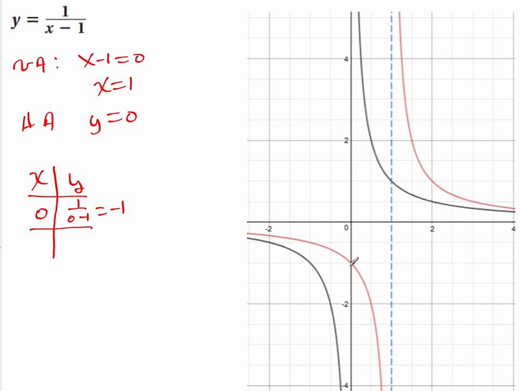So I can graph 0, negative 1. And it's going to approach my asymptote vertically and horizontally. You can pick any point you want. Let me pick x equal to 2. So y will be 1 over 2 minus 1, or 1 over 1, or 1. So when I graph the point 2, 1, I can sketch so that it goes up toward the vertical asymptote and back down toward the horizontal asymptote.